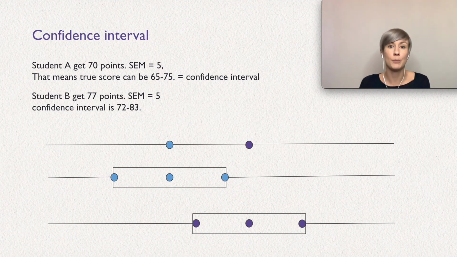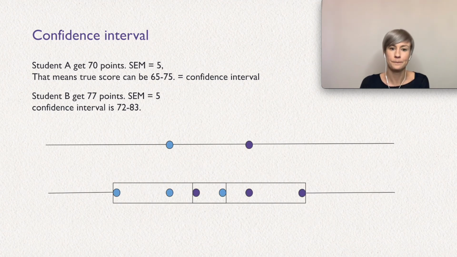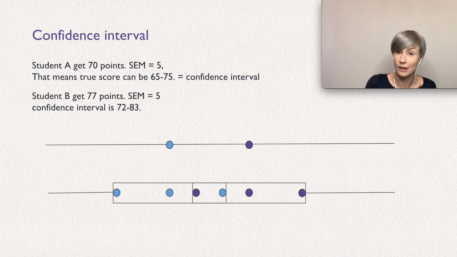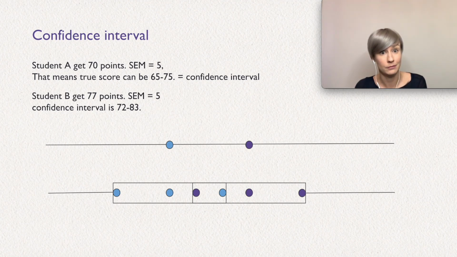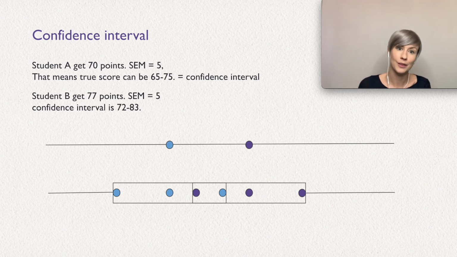So let's put them on the same line to try to make this clear. What we can see here is that both of them might have 74 in the middle here as their true score. Or maybe student A, who is more to the left here, actually has a higher true score than student B. This must be considered when giving students a grade.